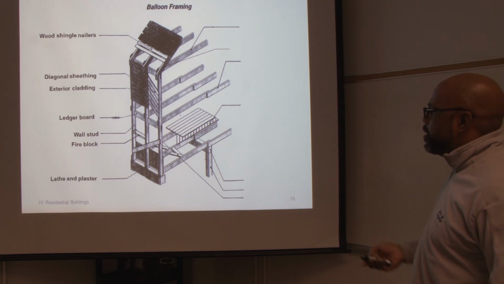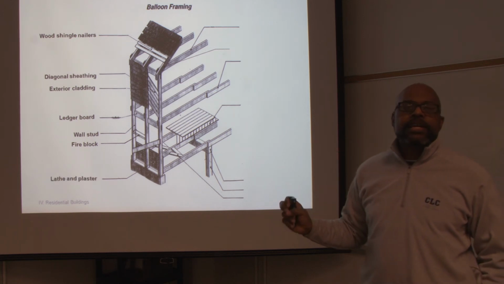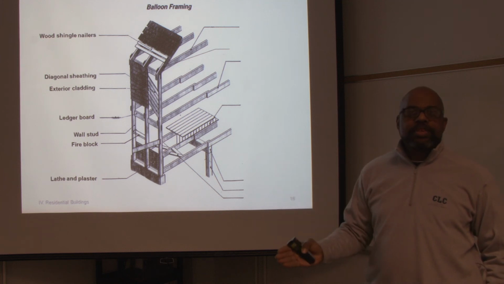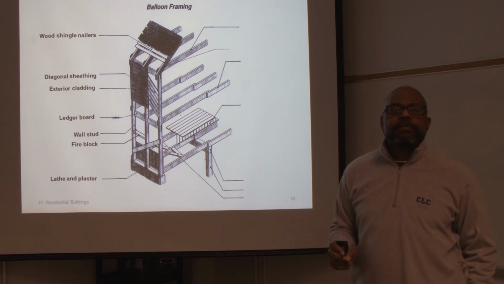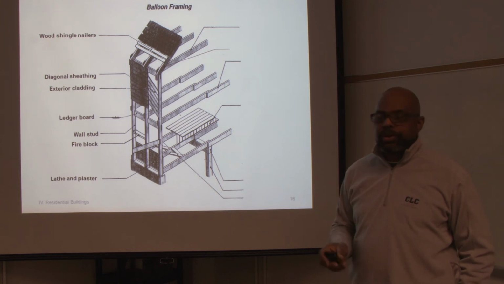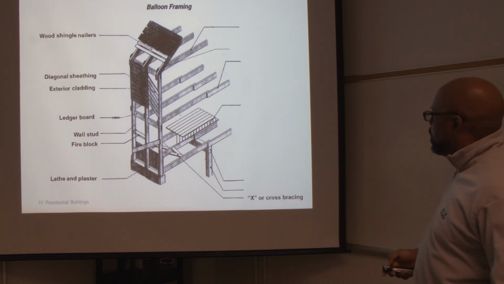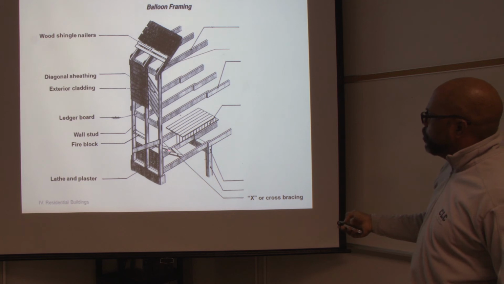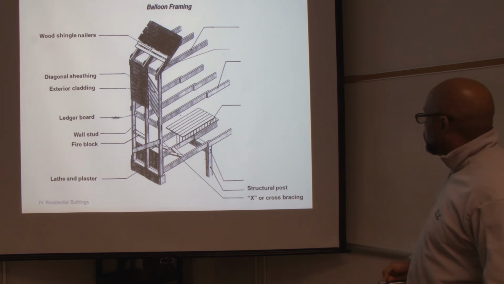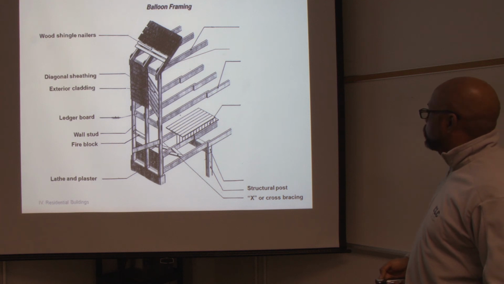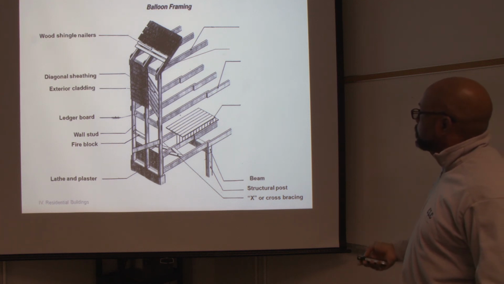Lath and plaster, that's on the inside, the interior walls. They put lath, which is like furring strips, and they would plaster right on top of the lath boards. Cross bracing between the floor joists to keep them from deflecting and moving. They would use a structural post to support the floors.